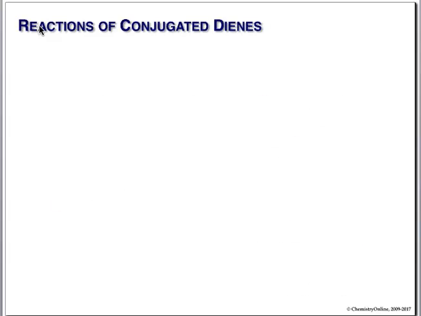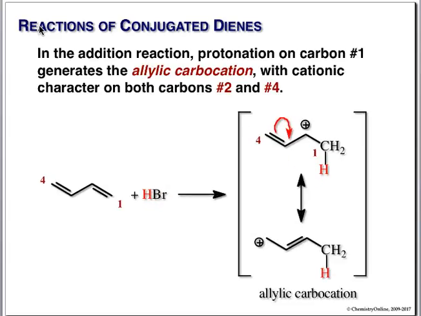Now the reason this happens is because when we protonate here at carbon 1 to form this carbocation, that's what we talked about, Br- could add here, we did that, but this is, again, conjugated. We can move these electrons over, and we have positive character down on carbon number 4.